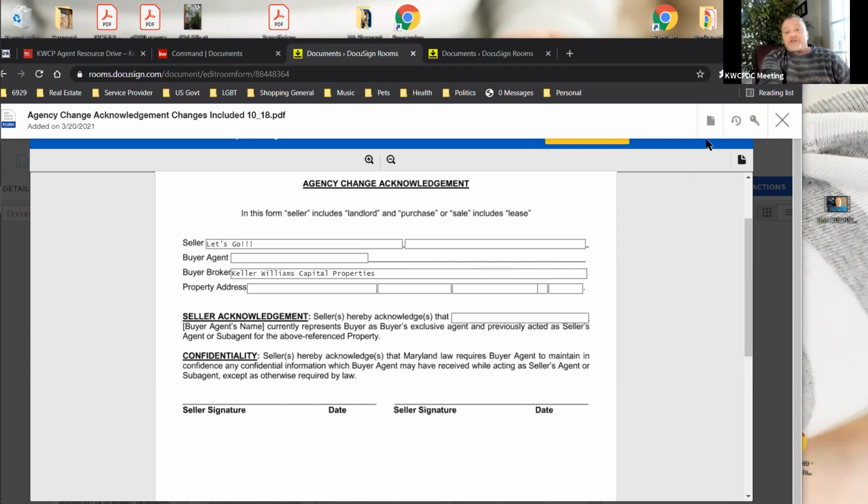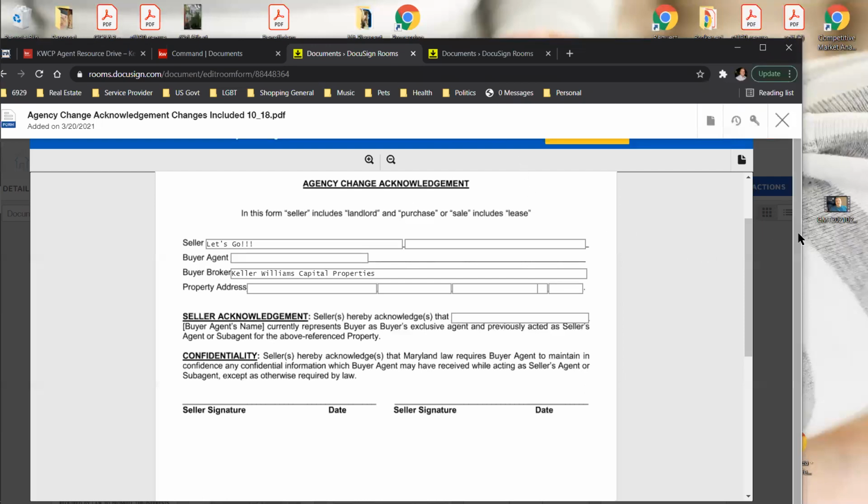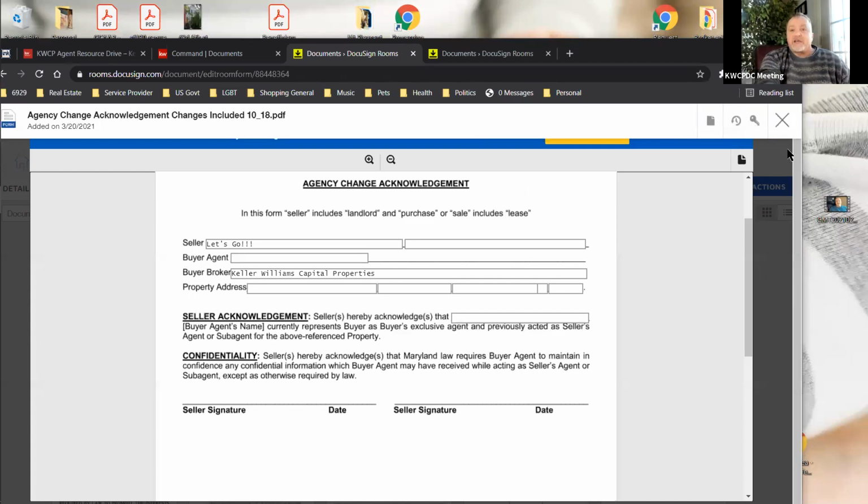Anybody else have any other questions on that? And is there a similar document to that in DC? In DC, let me think. I do not believe in DC that there is a change of status document. In DC, we have a different document that is used to describe your agency relationship with everybody that you work with.